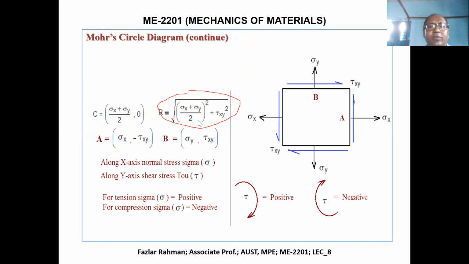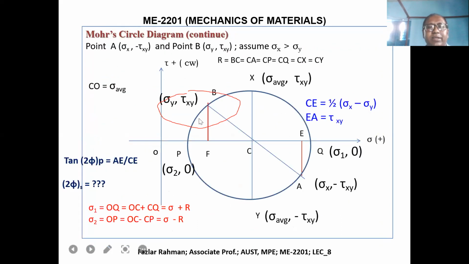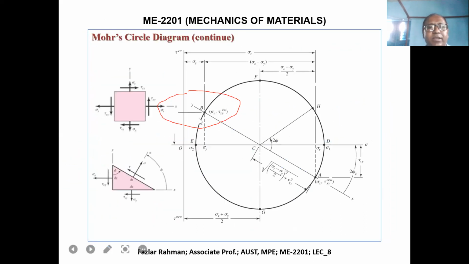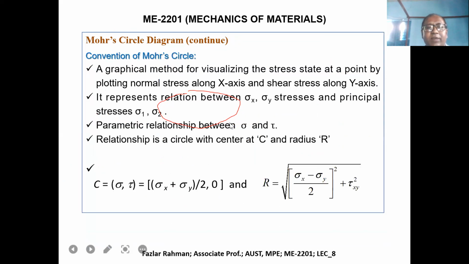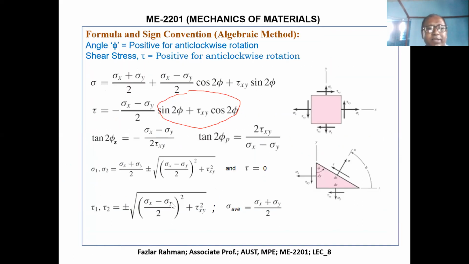Now, I will just show you the formula. This part is part of the algebraic equation, and this one is also part of the algebraic equation. So let me show you the formula that we have. Right over here, this portion is actually the radius of the circle, and this is actually the location of the center of the circle.